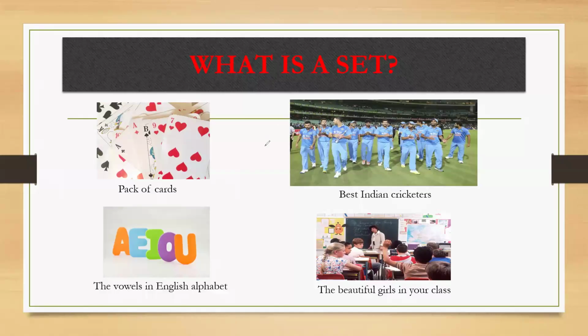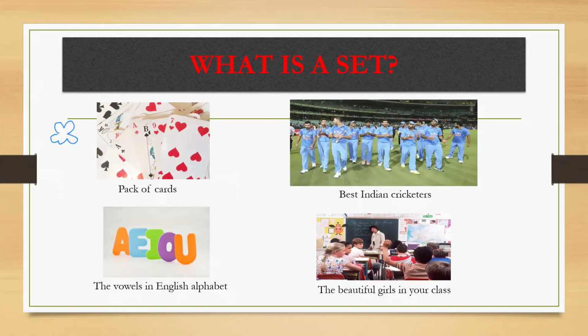Or in other words, we can say that if we are given an object, then we can easily say that the object belongs to this collection or not. Clear? If I am giving a flower to you, then I can easily say that this flower does not belong to this collection, right? Okay.